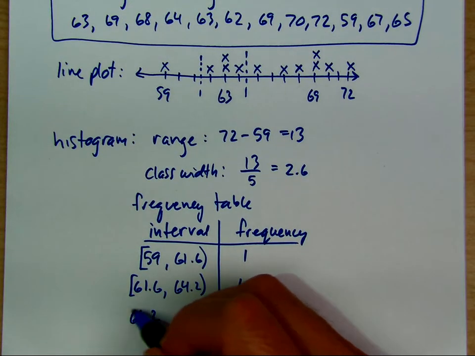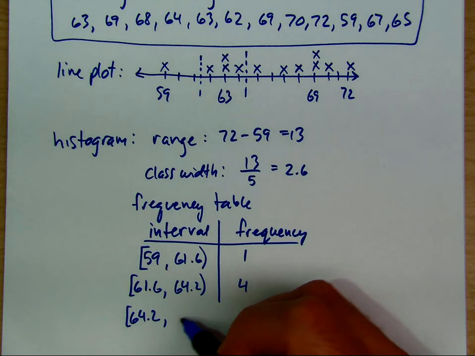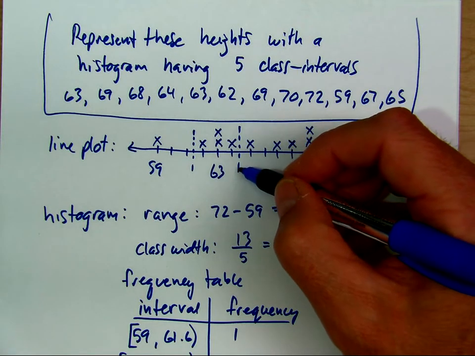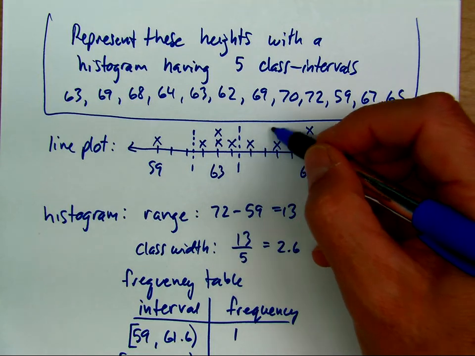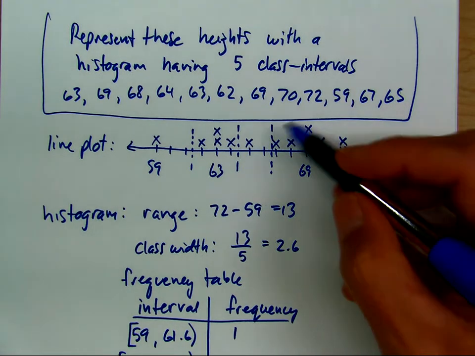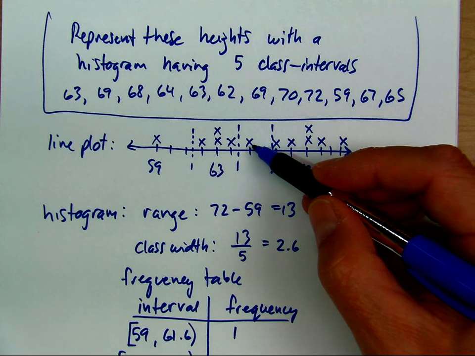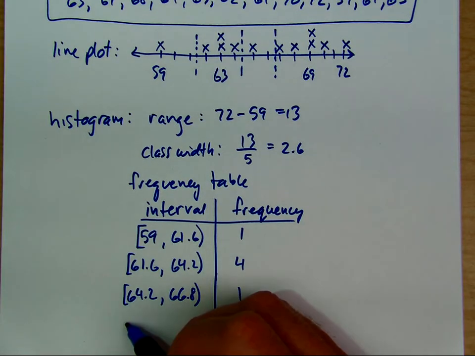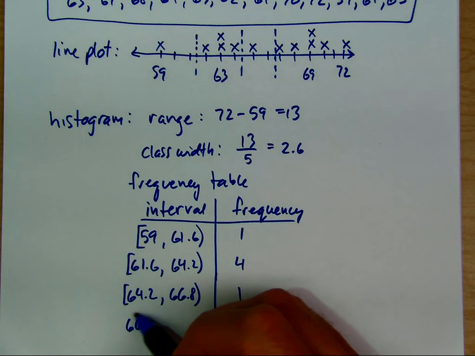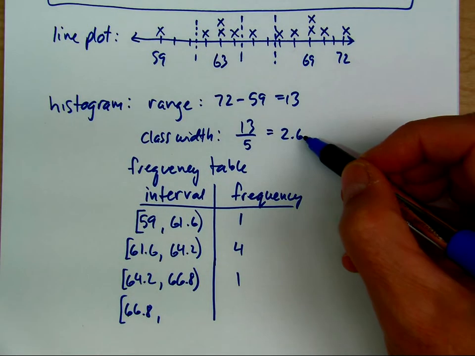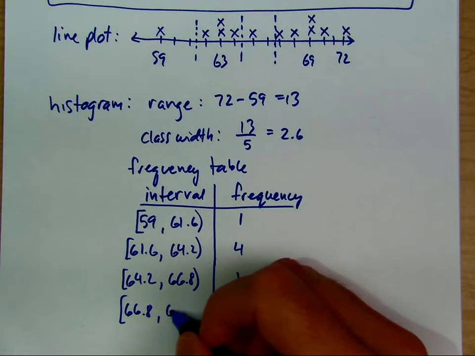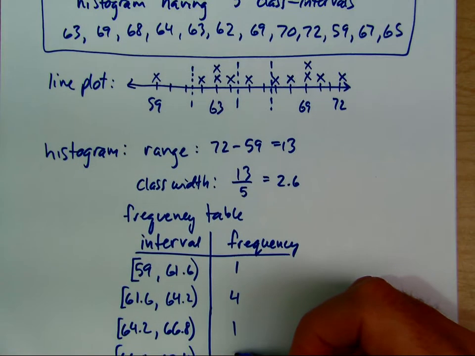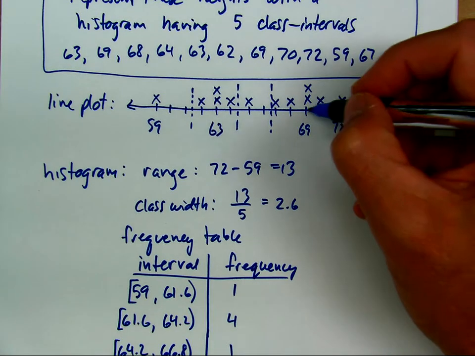64.2 to 66.8. There's only 1 value there. We're going to keep adding 2.6, so that's 69.4.